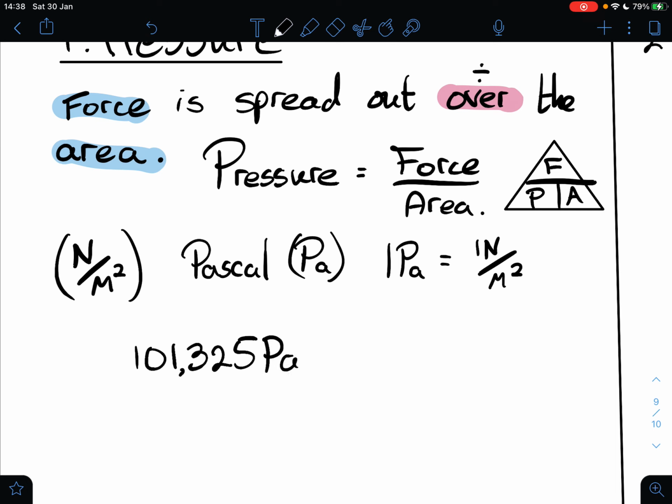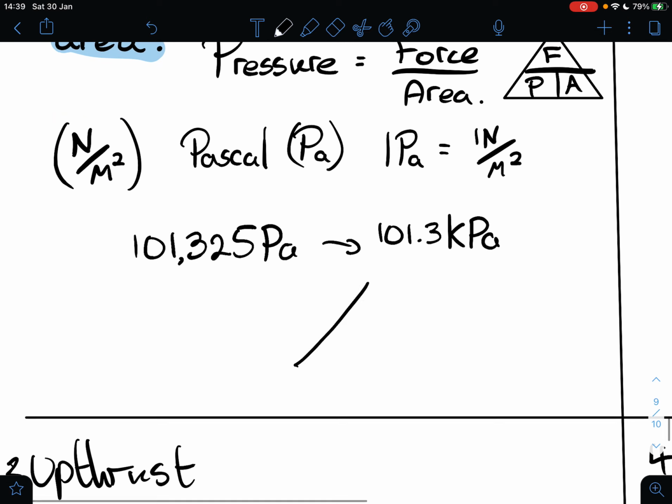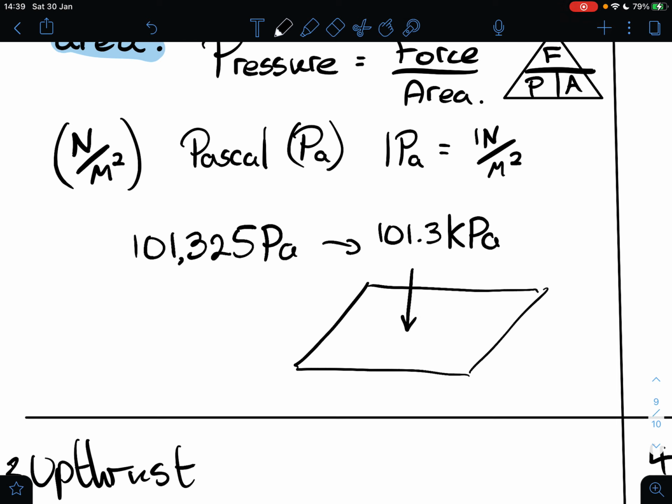So what does that mean? It means that there is 101.3 kilopascals. Or, if I had a meter squared sheet, how much force, how much pressure is acting on this thing, then there is 101,325 newtons over every meter squared.